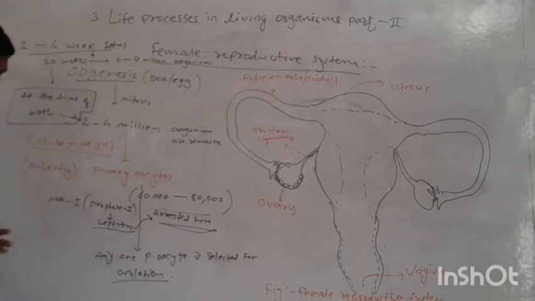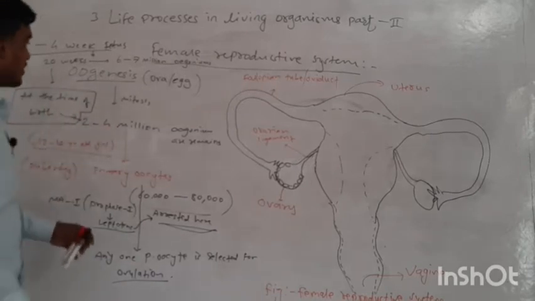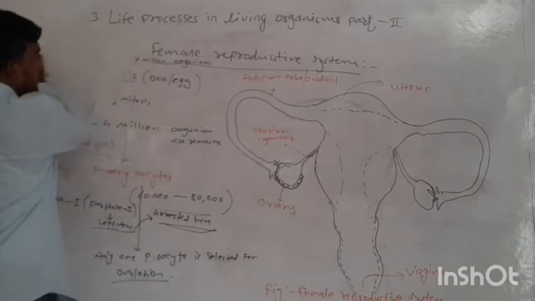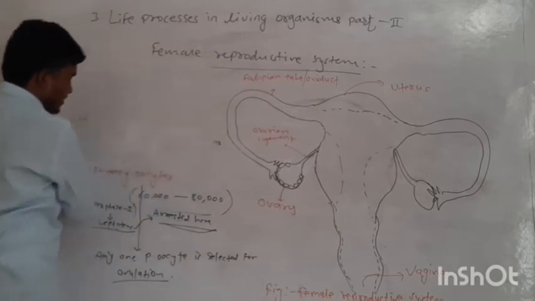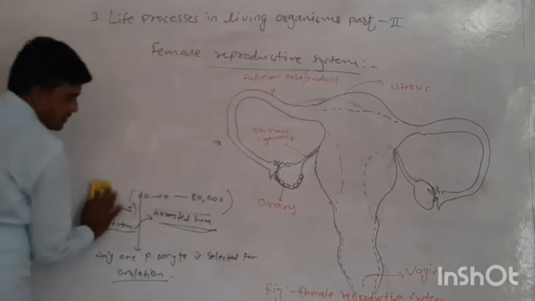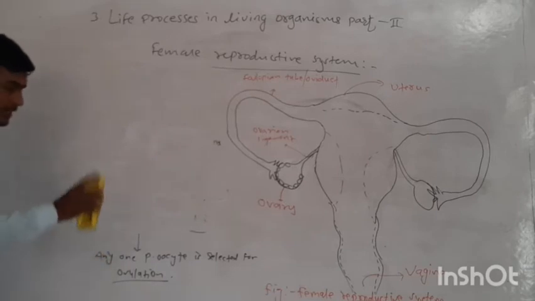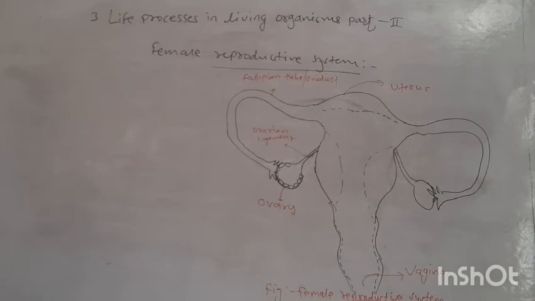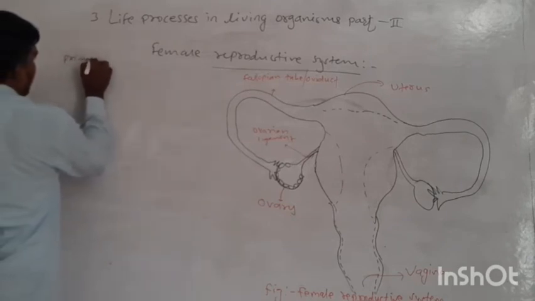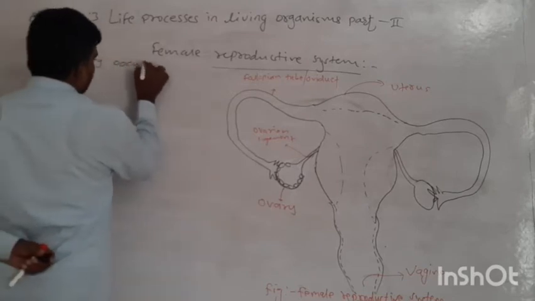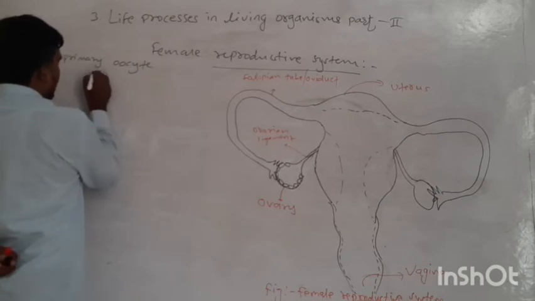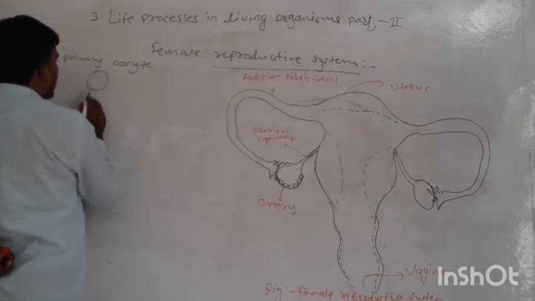Okay, after that I will write here again. We have a primary oocyte, a single primary oocyte.